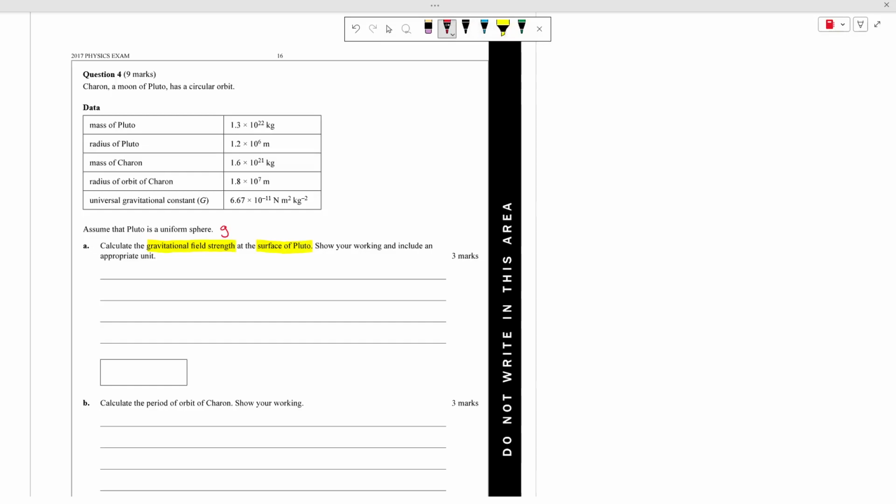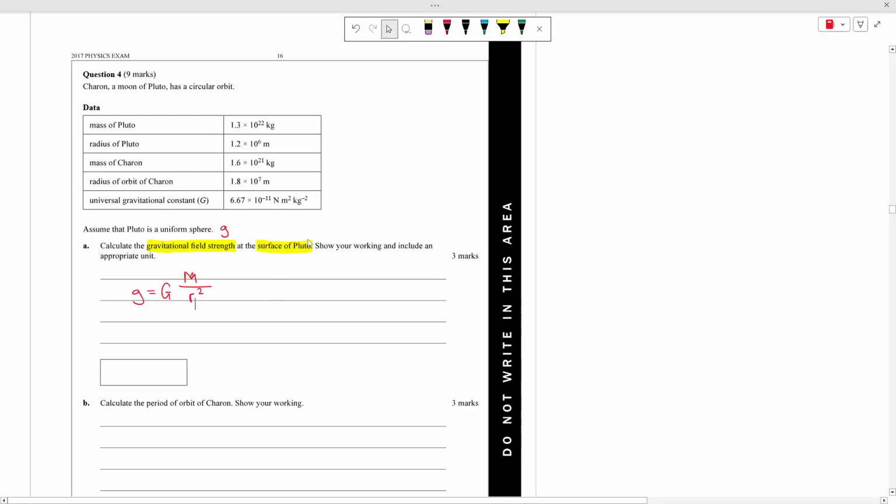So how do I calculate gravitational field strength? Well, one formula we could use is g equals big G times mass, sorry, not mass 1 mass 2, I'm thinking of force. So g equals GM over r squared, where M is the mass of the thing exerting the gravity and r is the distance.